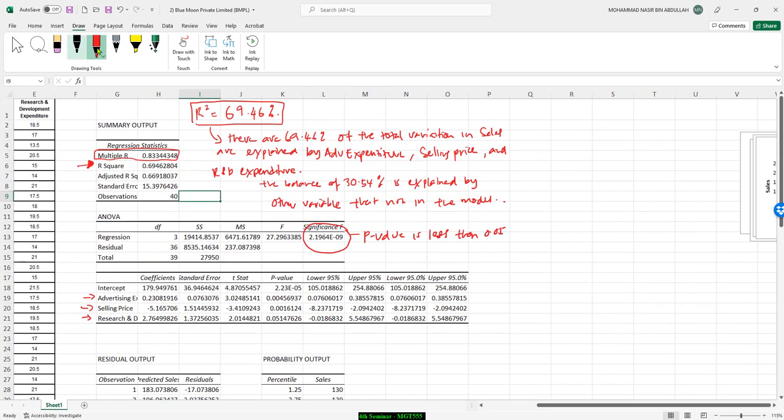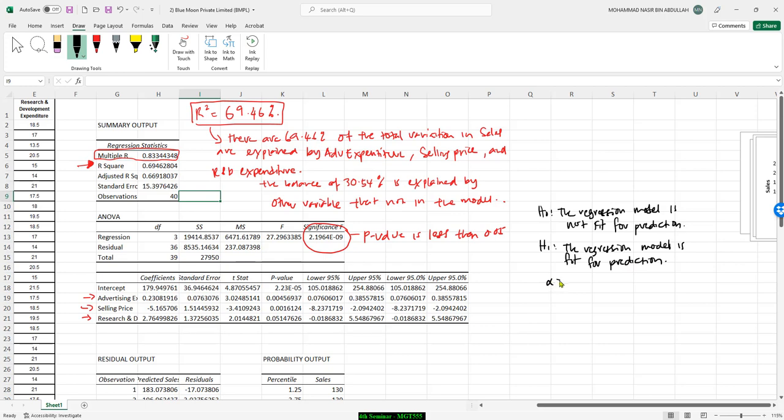Null hypothesis: the regression model is not fit for prediction. Alternative hypothesis: the regression model is fit for prediction.